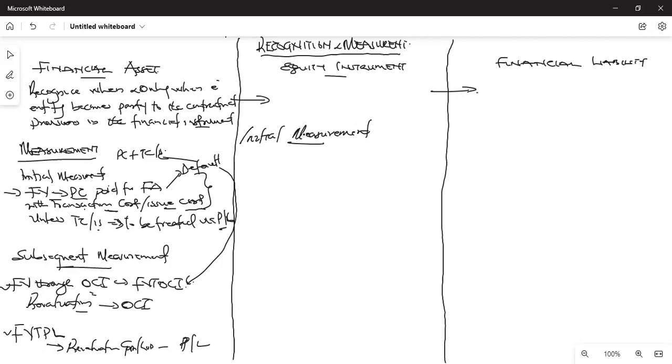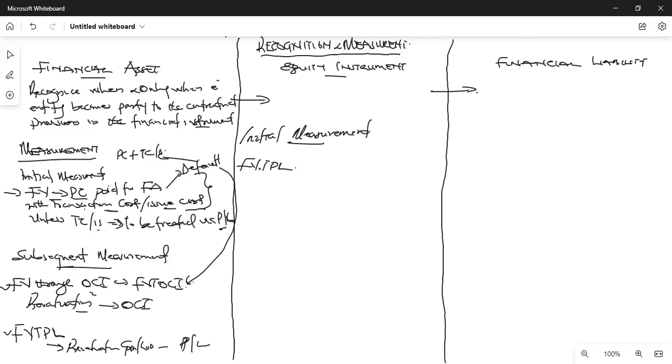If you purchase shares in another entity, you are going to measure your initial recognition at fair value through P&L. Take note of that, fair value through P&L.